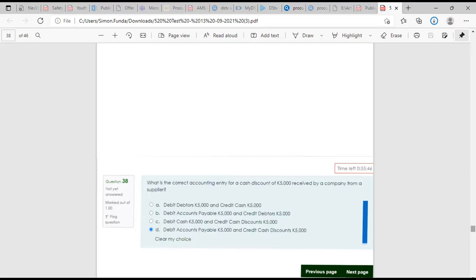This one is straightforward. We debit the accounts payable because the payable they are giving out. Then we credit cash discount received.